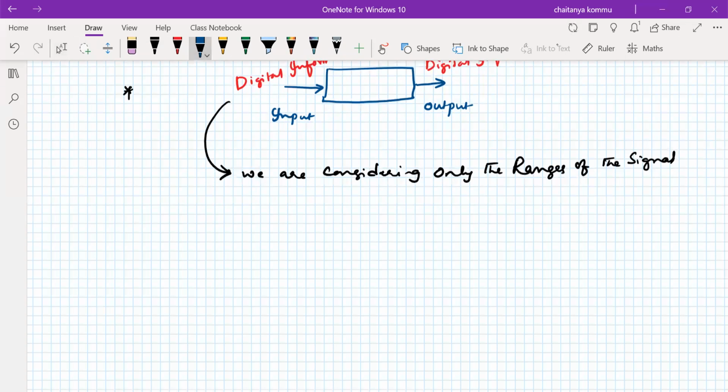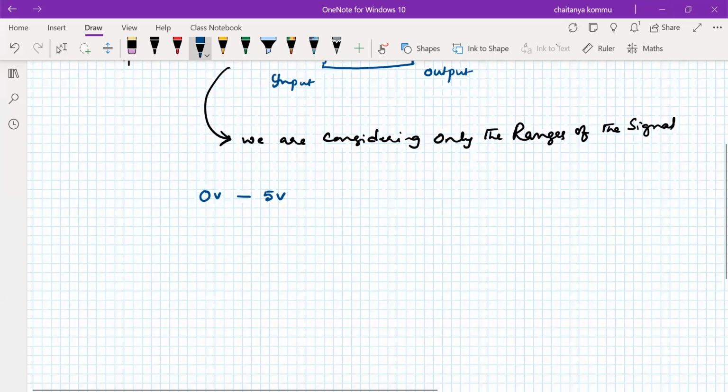What does it mean? Whenever we apply 0 volts to 5 volts as an electrical signal input to a system, from 0 volts to 5 volts so many divisions are possible.